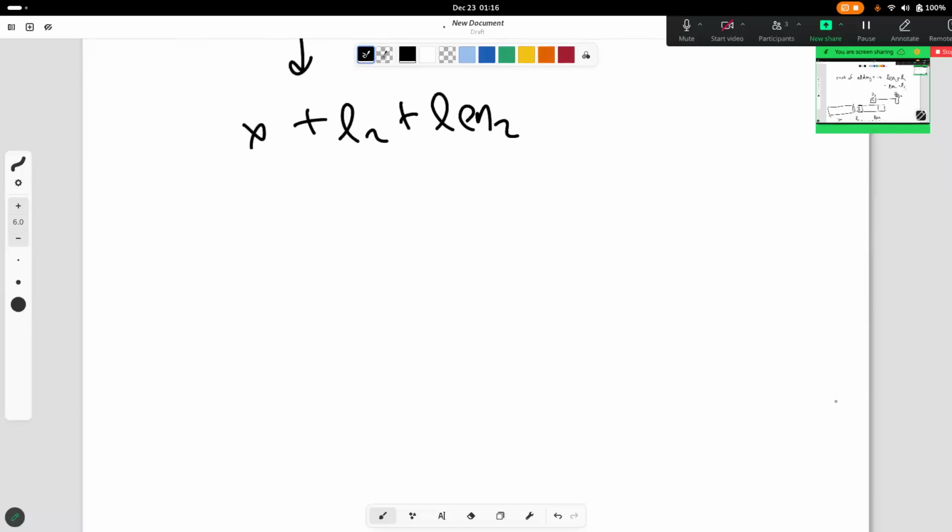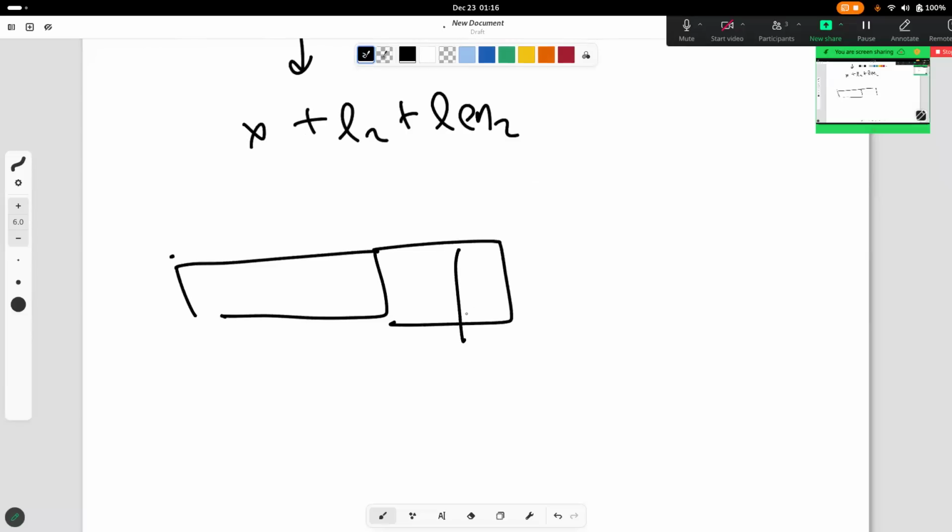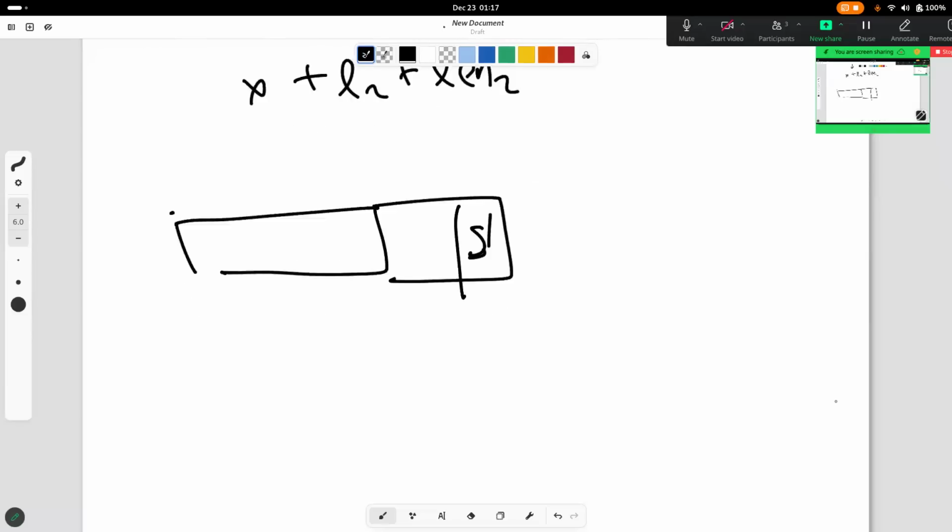So that's how, given that you have an array and you have placed some number of snakes, you can calculate the cost to add a new snake s dash.